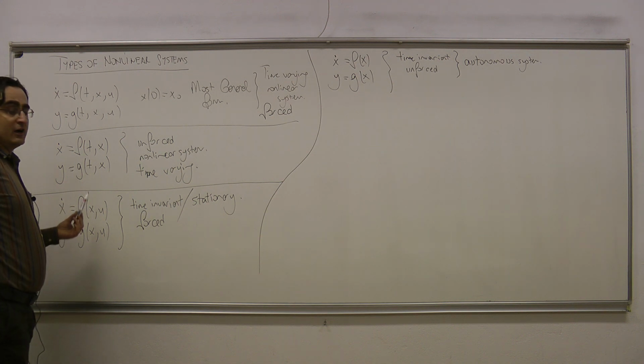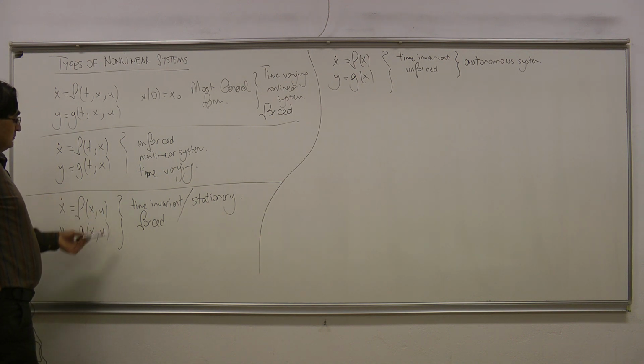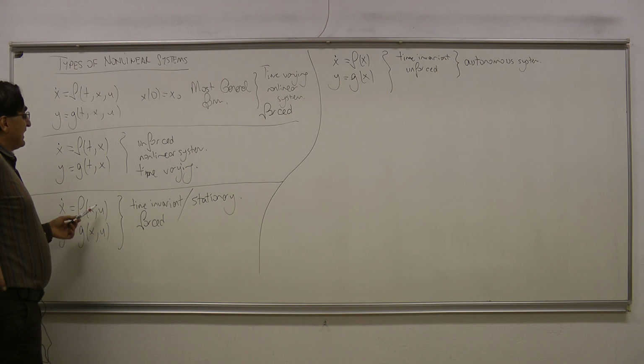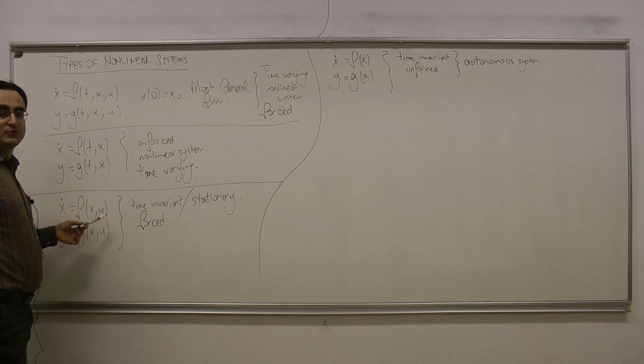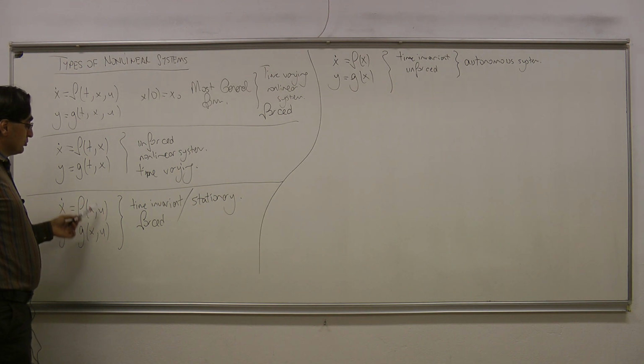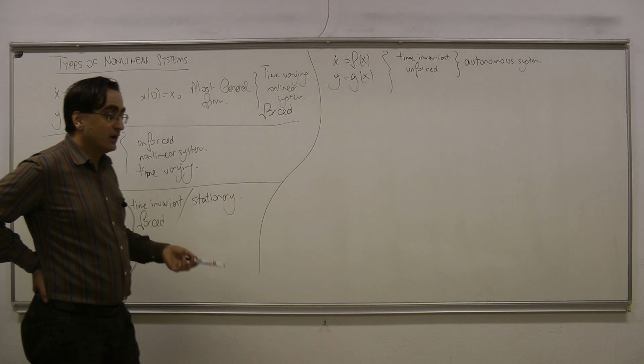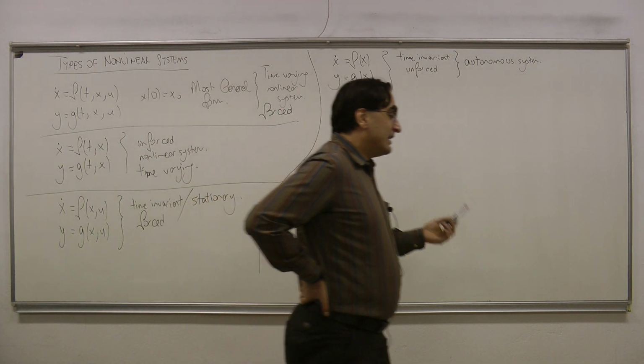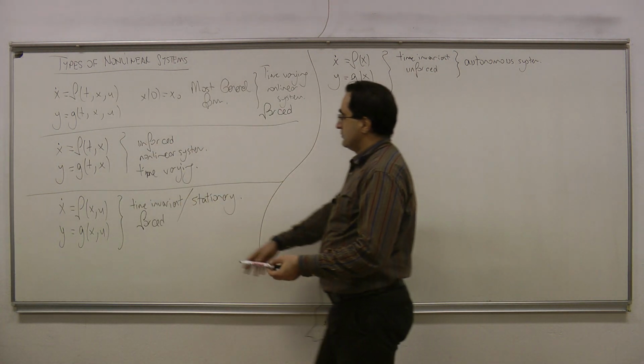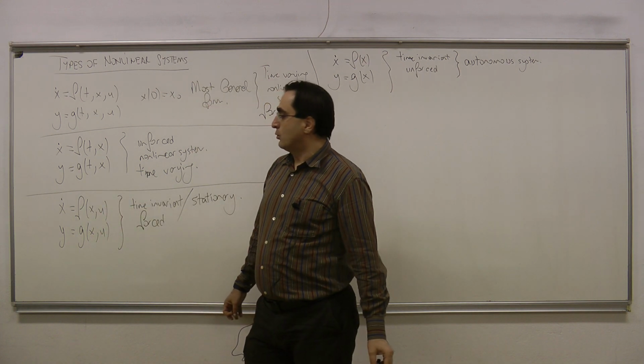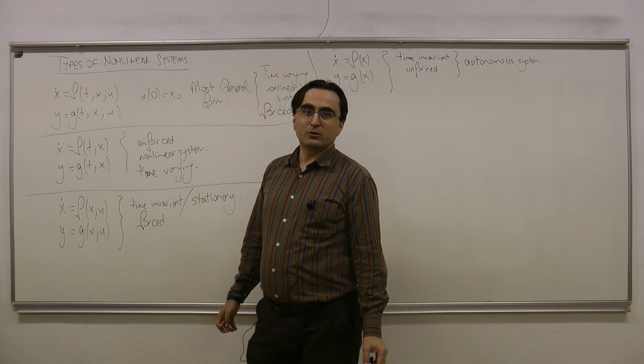If you take a time invariant system, which is described like this, and if you set the input u of t to a constant, then that system becomes actually an autonomous system from that point on. Okay?